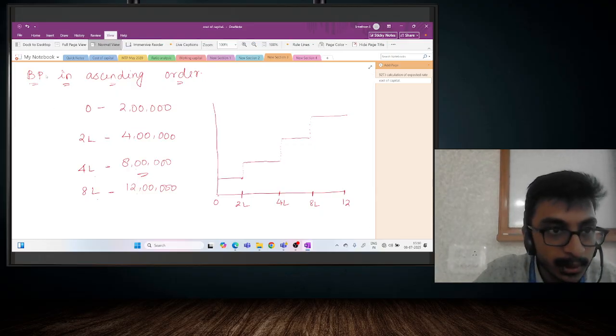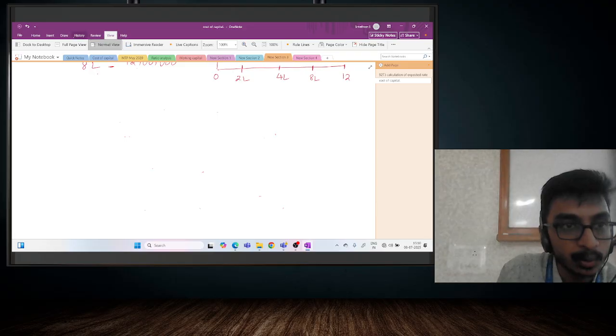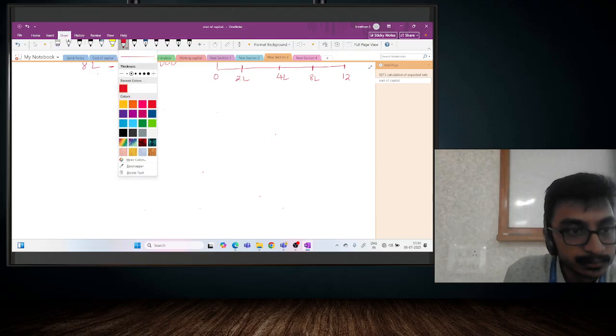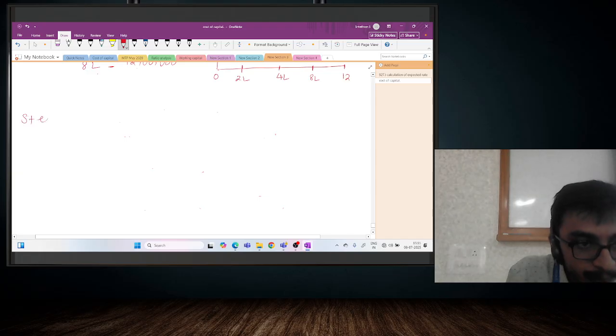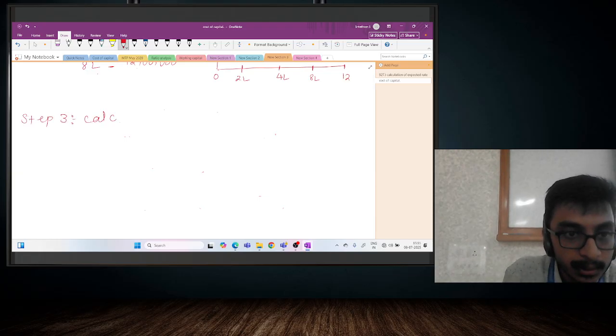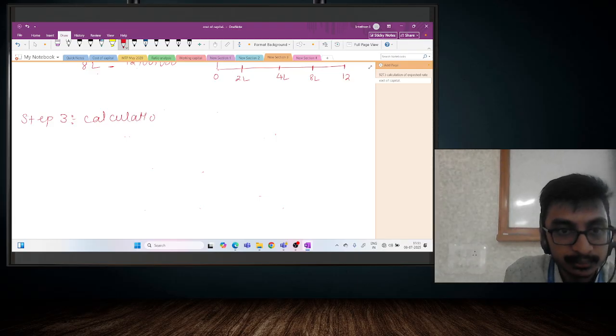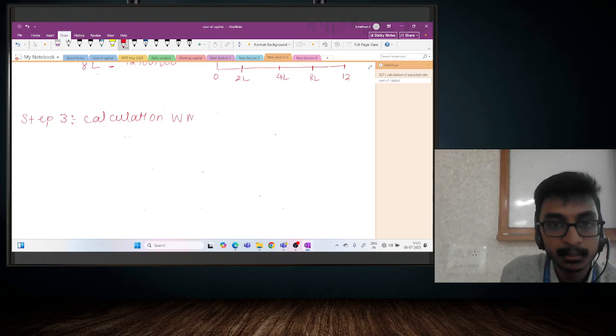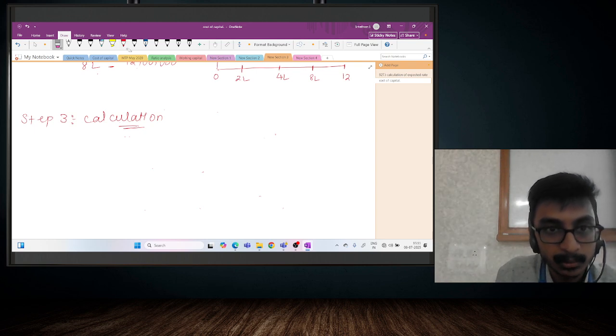So write on the third step, step 3, calculation of weighted marginal cost of capital.